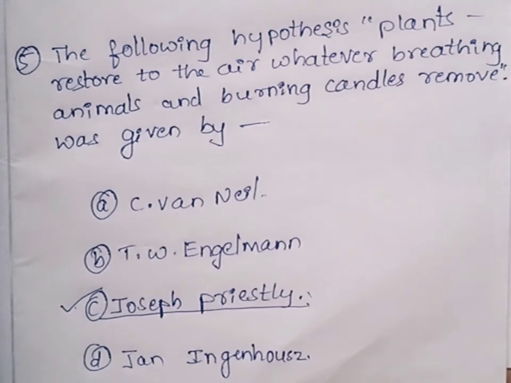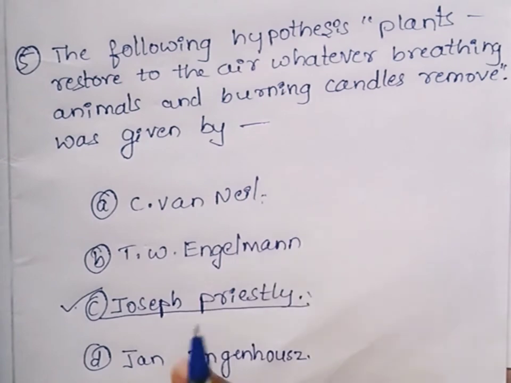But here the sulfur, instead of oxygen molecule, will release. So that is the difference between the photosynthesis conducted by the higher green plants and bacterial photosynthesis. This is the summary of Van Niel experiment.